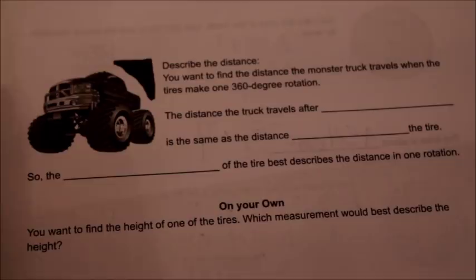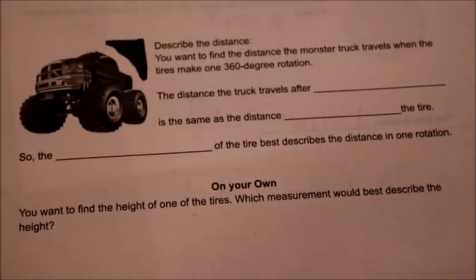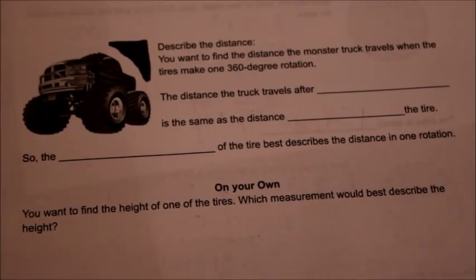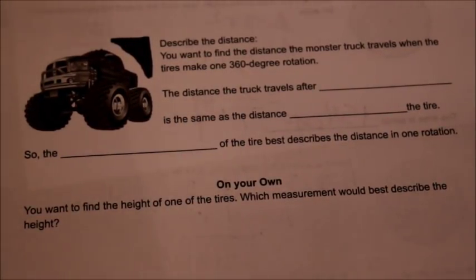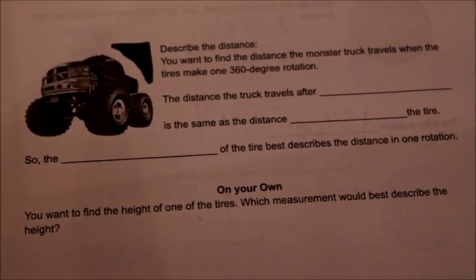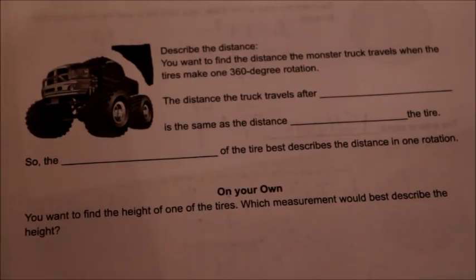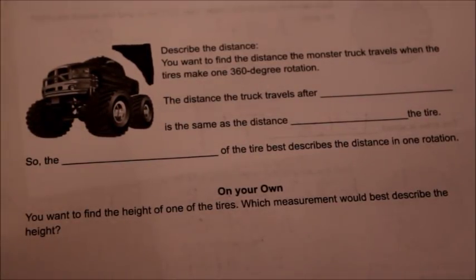All right, now welcome back from that brief break. We are now going to look at different ways that we can see this applied in real life. So if we look at the tires of a truck, you want to find the distance the monster truck travels when the tires make a 360-degree rotation.